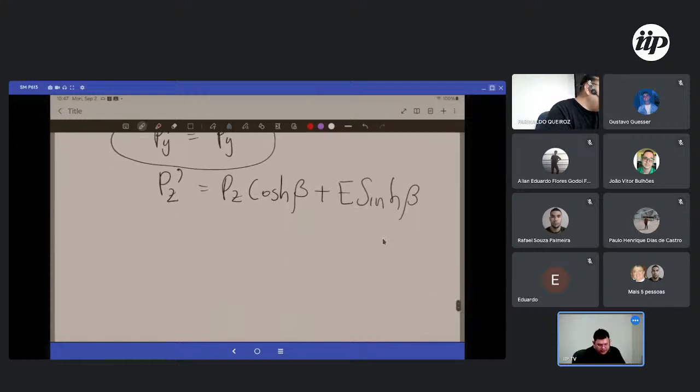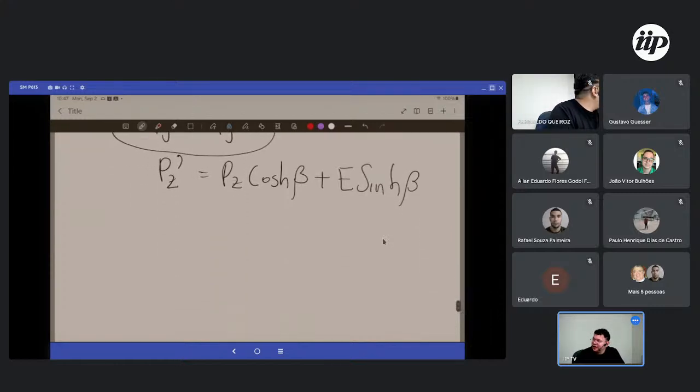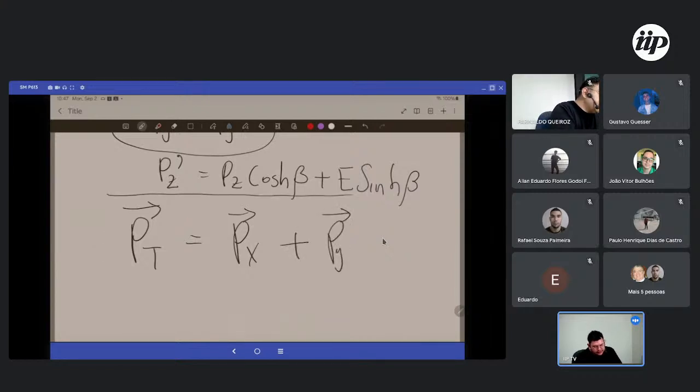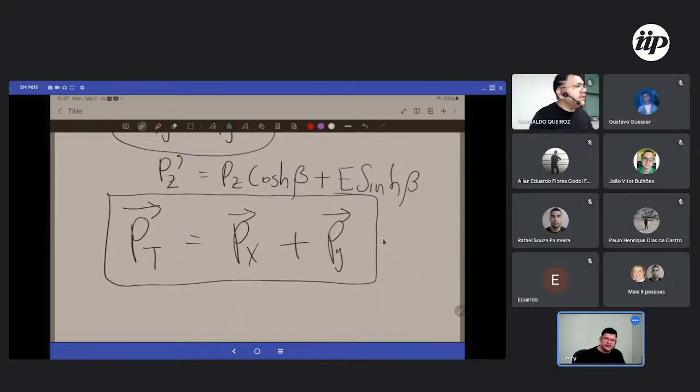So we can define a kinematic variable that is invariant under the boost, the transversal momentum, pT, from px and py. This is a quantity that we are going to introduce in our algorithms to do the calculations.